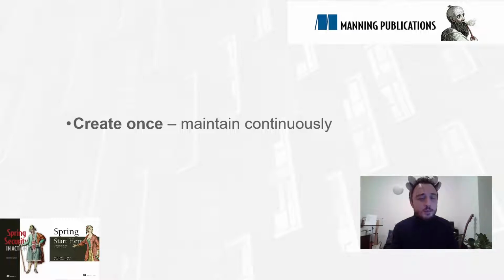which was the case of the normal monolith, which means that in the case of a monolith, you created the application once, and then you might have continuously maintained it for many years. Doesn't matter how many years, but you only created it once. So a lot of the capabilities only needed to be configured once.